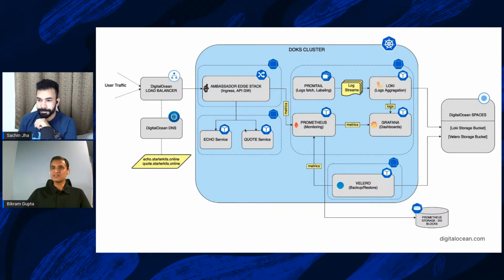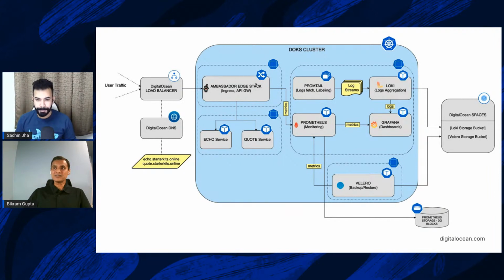We want to expose these services to outside users. And so we are using the ingress, which is Ambassador. And Ambassador itself is exposed as a load balancer service.